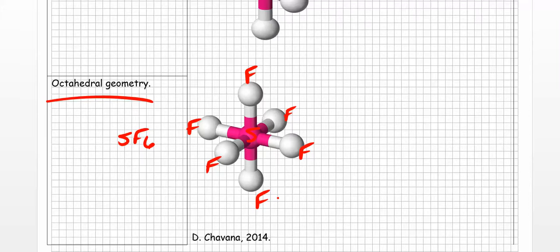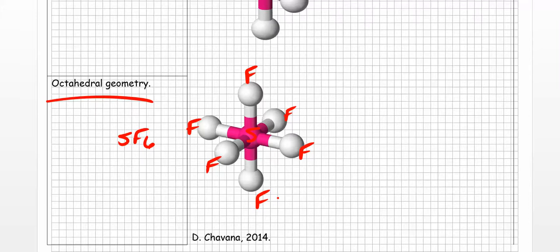So a total of six things surrounding, okay? Now, by the way, why do we call it octahedral? I want you to, in your mind, think of a four-sided pyramid on top and a four-sided pyramid on bottom.